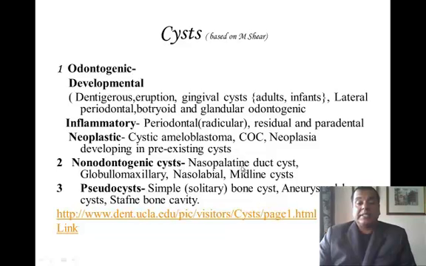Non-odontogenic cysts are nasopalatine duct cysts, globulomaxillary and nasolabial cysts, whereas pseudocysts are the so-called simple or solitary bone cyst, aneurysmal bone cyst, or Stafne bone cavity, which on a radiograph may look like a well-defined radiolucency below the inferior dental nerve canal, usually due to the presence of salivary gland tissue.